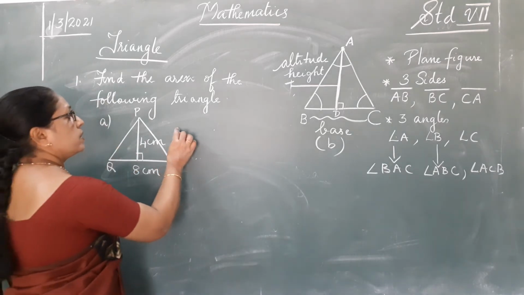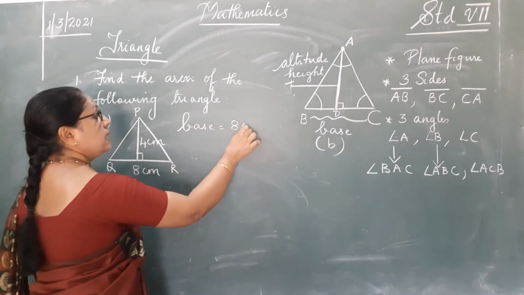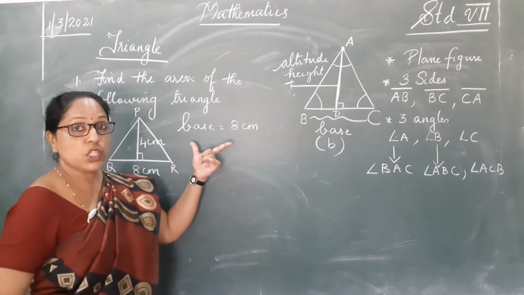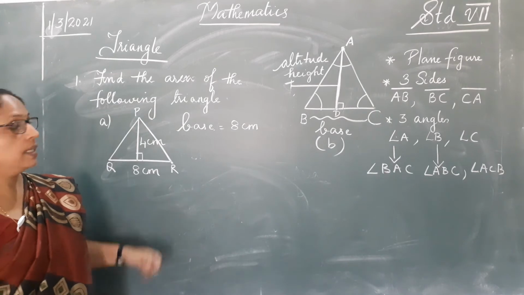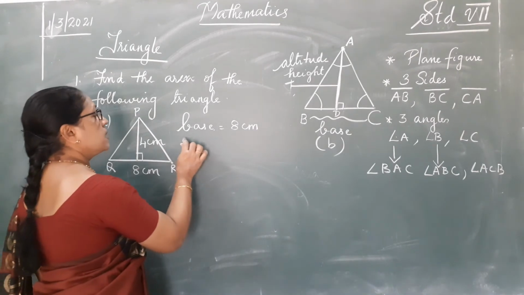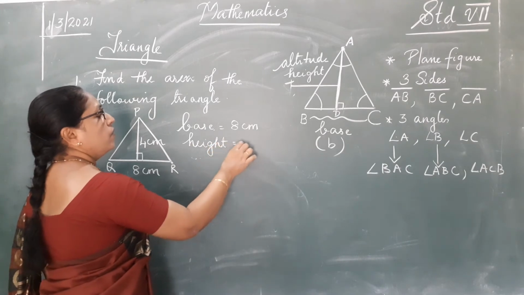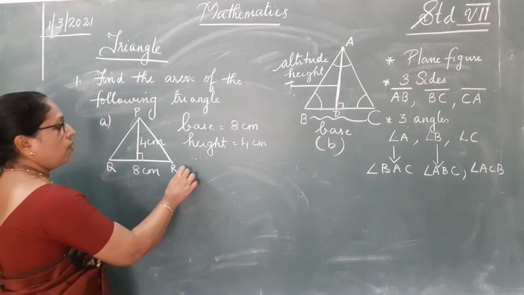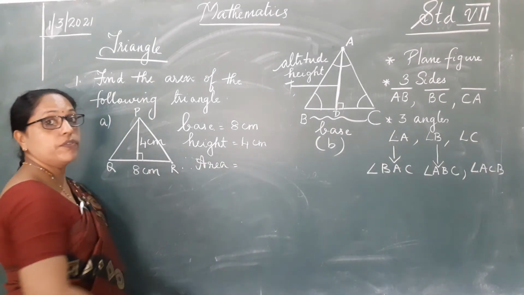So what should you write? Write the details from this figure, because whenever we solve a problem, the presentation is very important. Base equal to 8 centimeter, height equal to 4 centimeter. Therefore area equals, how do you find the area?